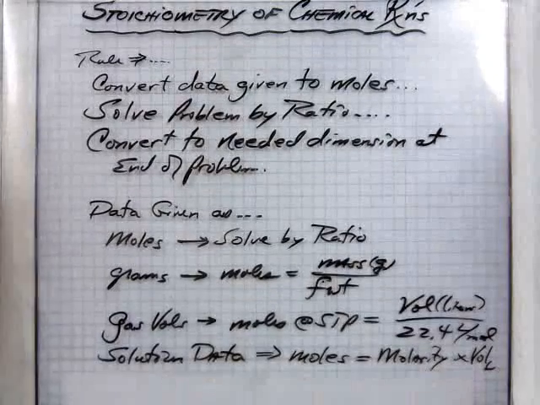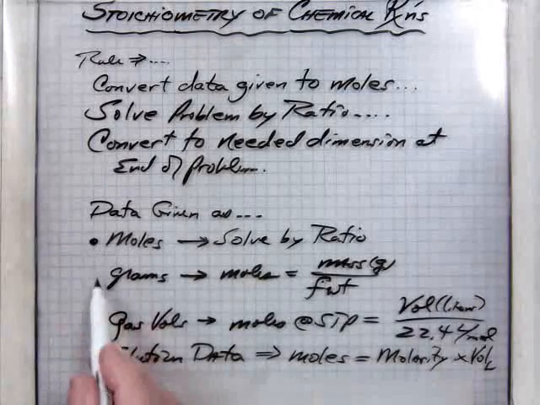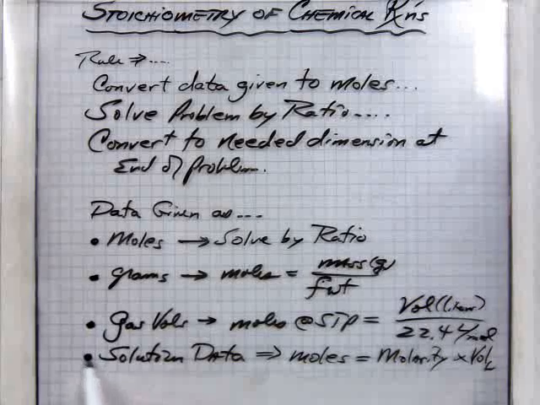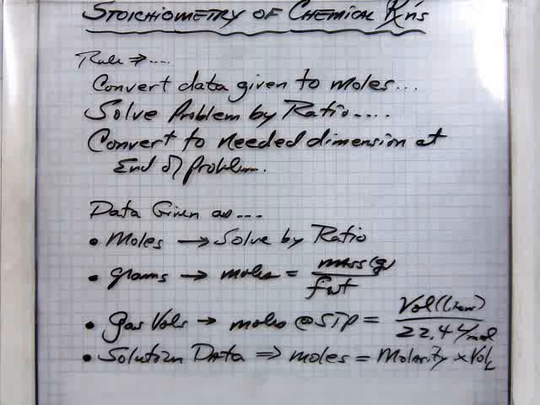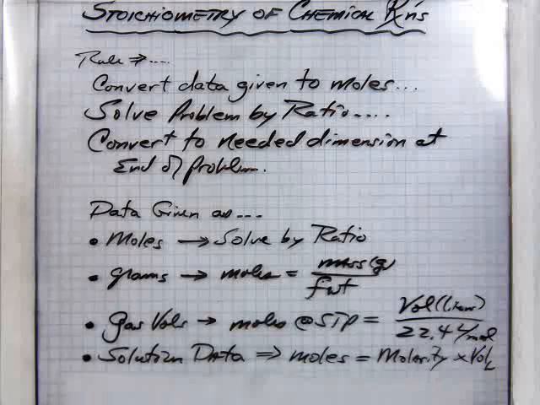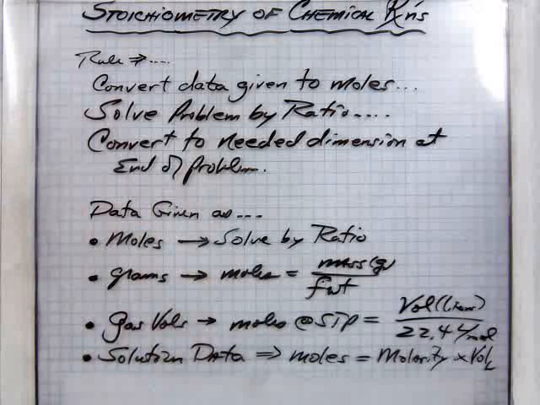So these are very important data streams that you need to recognize as you read one of the problems. And then you extract that data and say, what can I do with this to get to moles? And then, of course, you either are asked to write and balance an equation, or the equation is given to you. Then you just go by ratio. If 2 gives you 1, then 5 gives you X, and just work from that.